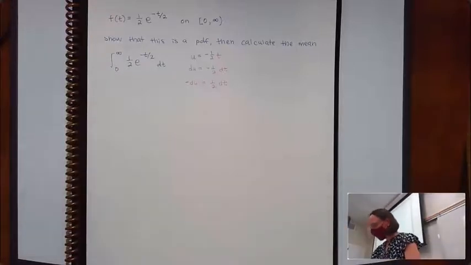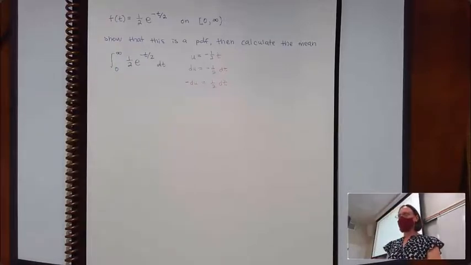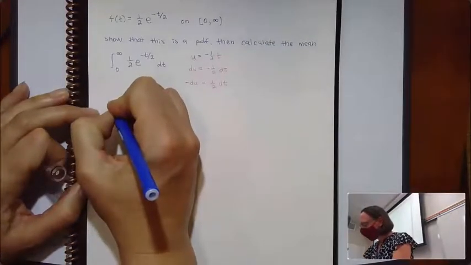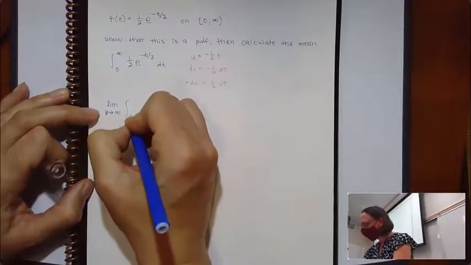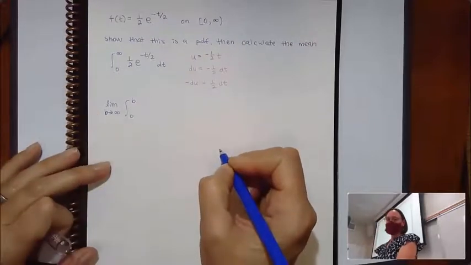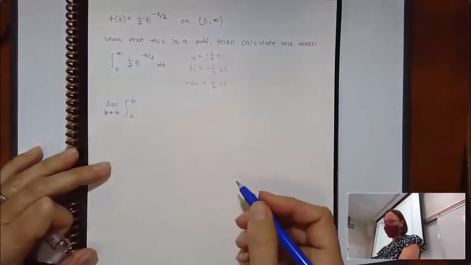So if I rewrite this, or do y'all want more time? I can give people more time. It should converge. I'm hoping it converges to 1. Let's find out. So I'm looking for the limit as b approaches infinity, 0 to b. And I'm going to go ahead and make my u sub.